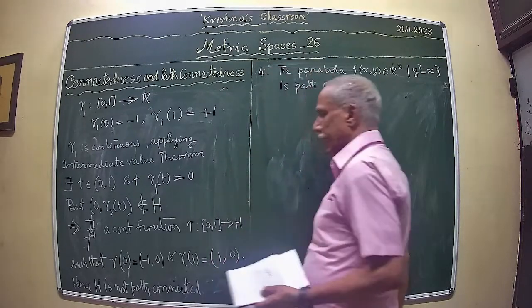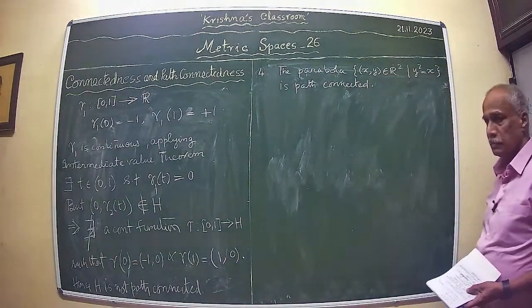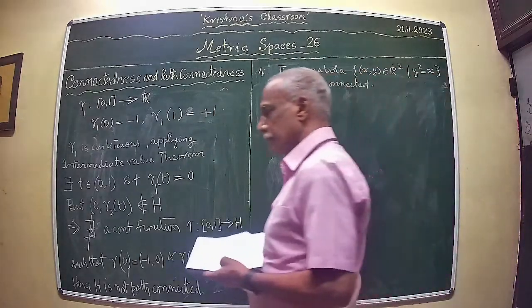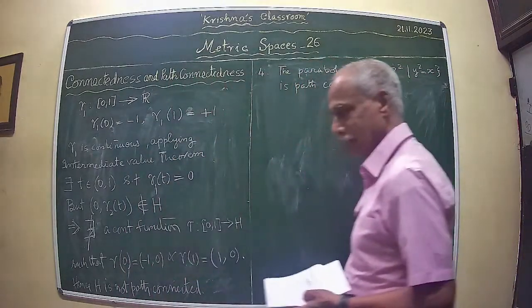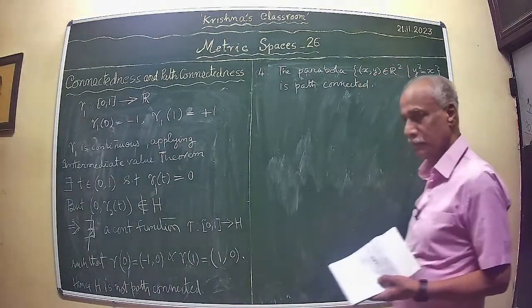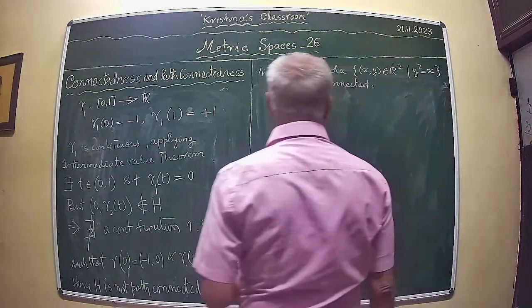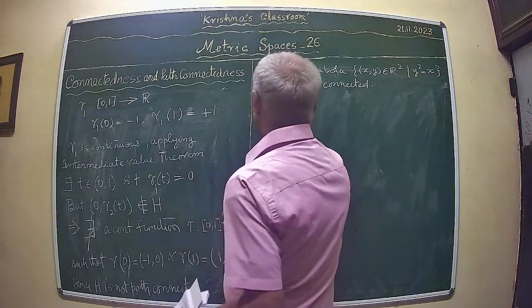It's exactly as we did the earlier path connected cases. This one branch of hyperbola is path connected. Okay, so it's a similar problem.